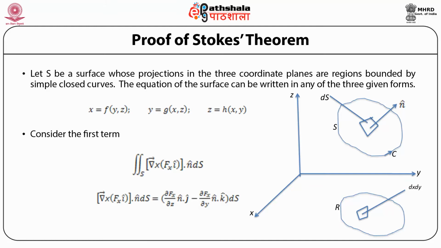So now consider the first term: the surface integral over S of (del cross Fx i cap) dot n cap dS. Del cross Fx i cap dot n cap dS equals (∂Fx/∂z n cap dot j cap minus ∂Fx/∂y n cap dot k cap) dS.